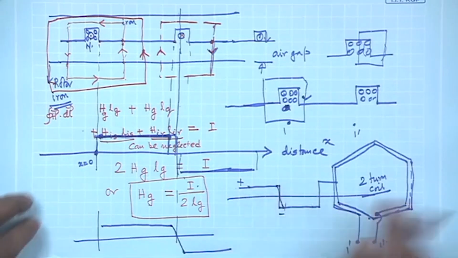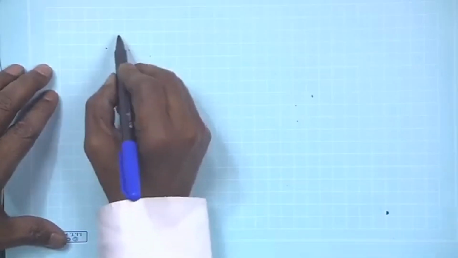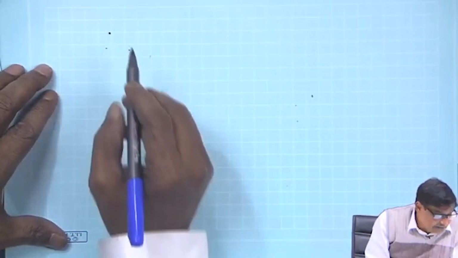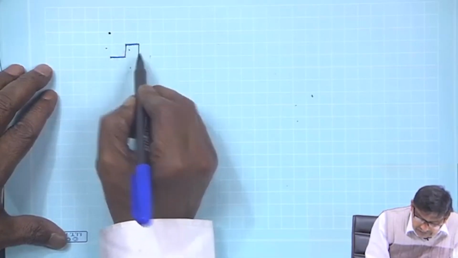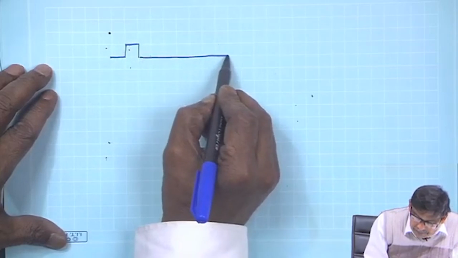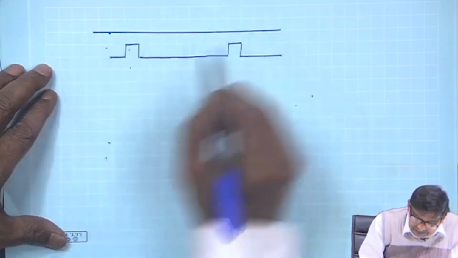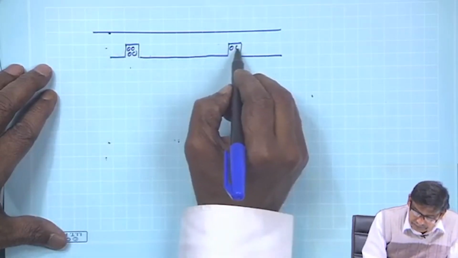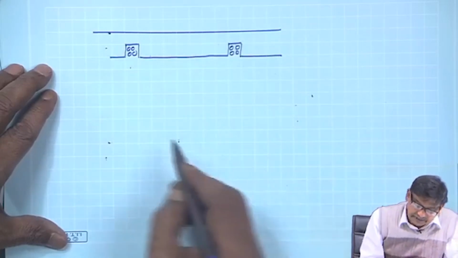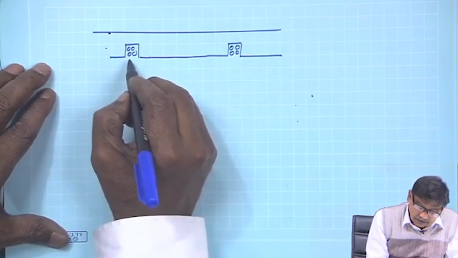Therefore, the H distribution of a multi-turn coil like this, if I finally sketch it, let us repeat that, it is nice. This is this, this is this, this is stator iron, here number of turns are there, all are connected in series, and all the conductors in a particular slot will either carry dot or cross current.